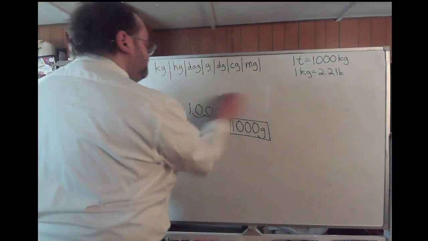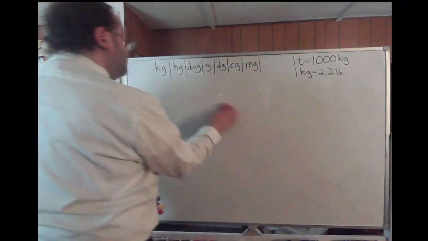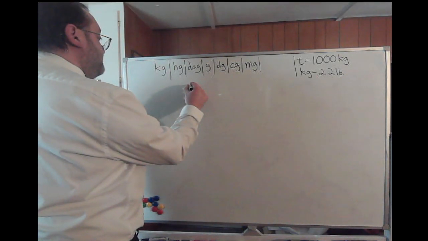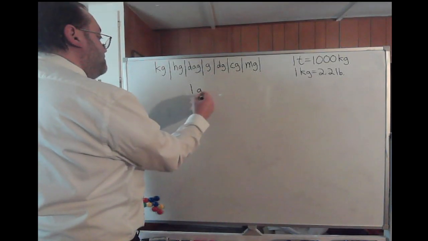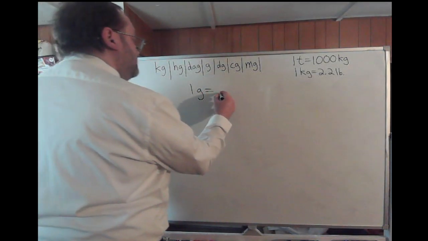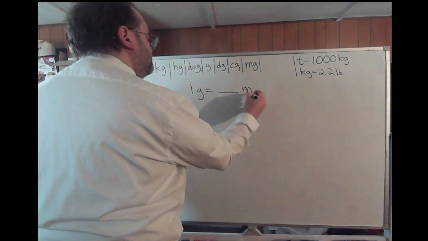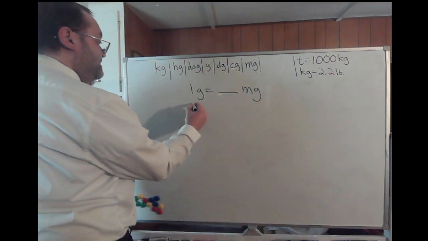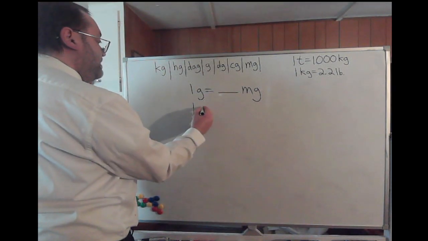And then let's say, what if you have 1 gram? That's equal to how many milligrams? How many milligrams are in a gram? So you just take, again, your 1.0 for grams.